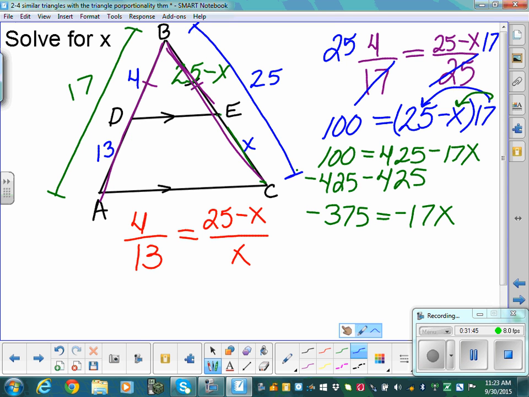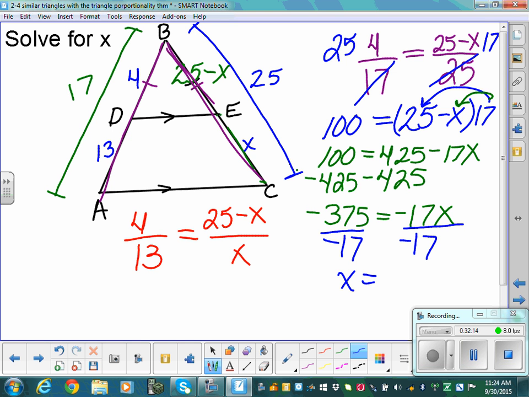Then what would we do? Divide both sides by negative 17, and we get x is equal to 22. Oh, it's not set. Yeah, 19.